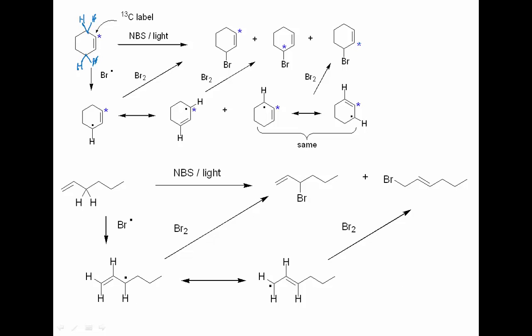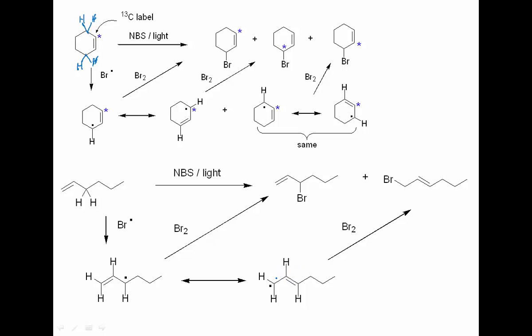Okay, all right, so the bromine radical that we generated from NBS and light is going to pluck off the allylic hydrogen right here to generate the radical here, and this is going to react with bromine. But we have to consider that there's also a resonance form, which is this compound right here.